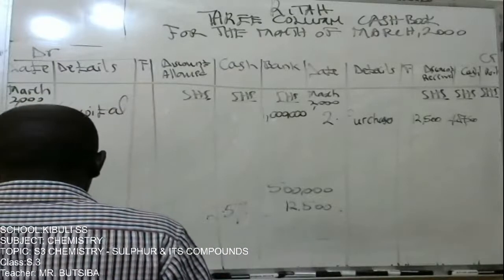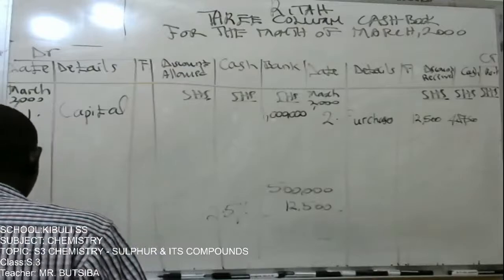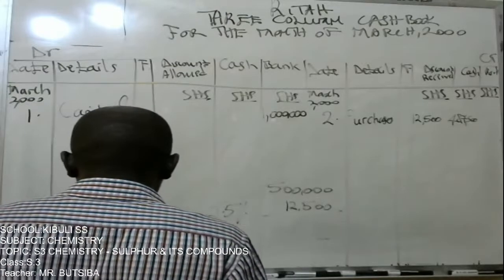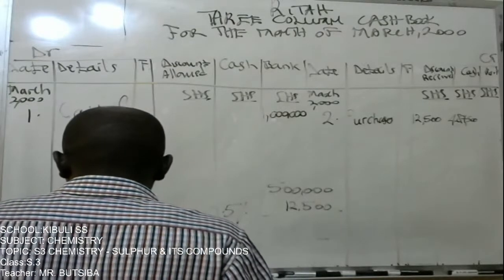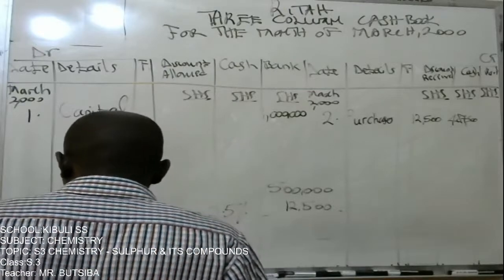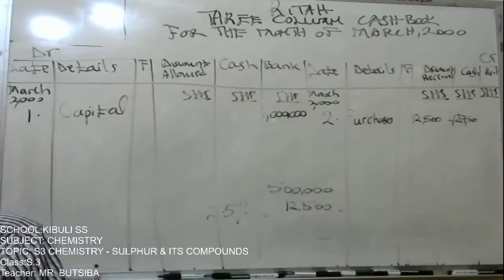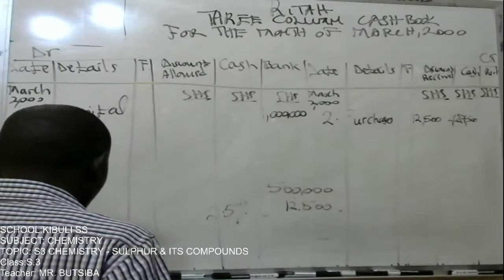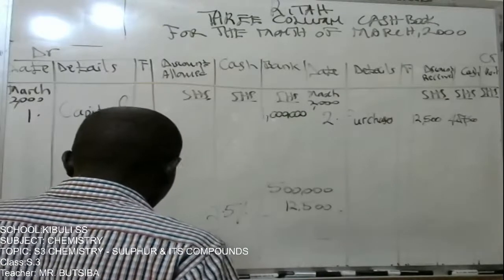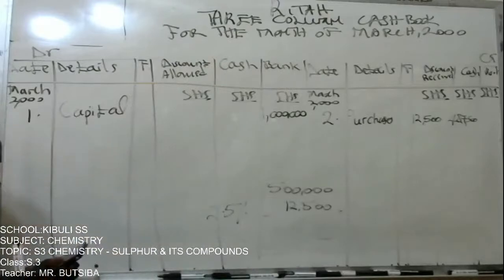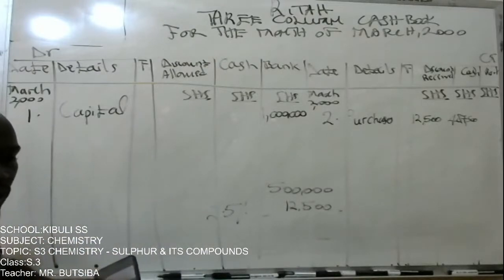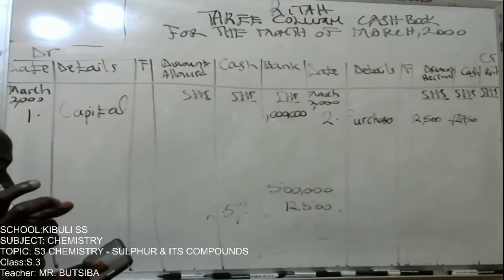Then on 6th, it says sold goods to Waswa less 2% discount. Then someone is going to ask here, we have the word sold, which is sales, and then you also have Waswa.